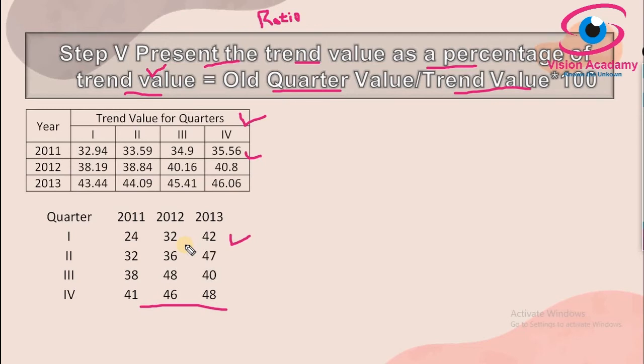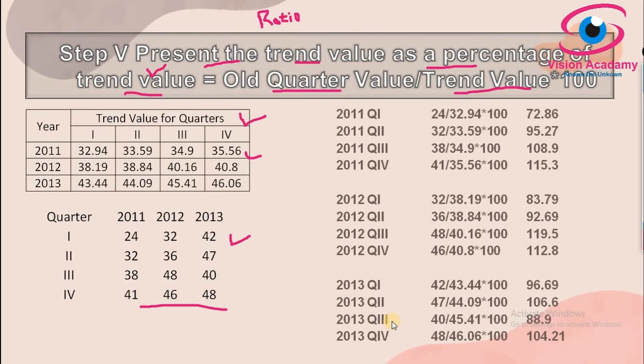But here we have to apply the formula. That's why I have taken it. Now let us apply the formula and find each and every value. Here I have given a working note for all the quarters of the respective years. Here is the working note for presenting the values as a percentage of trend value. For that I will explain here.